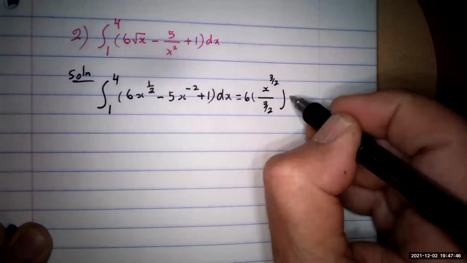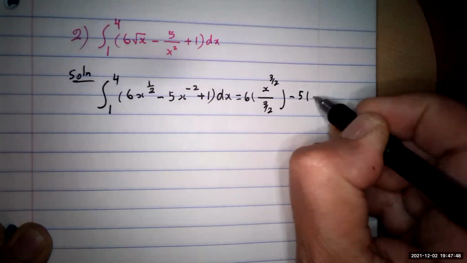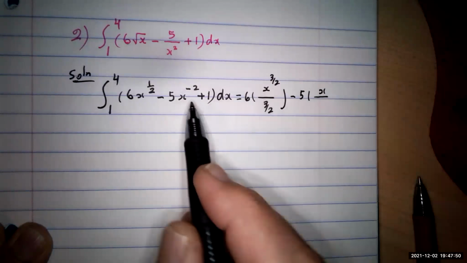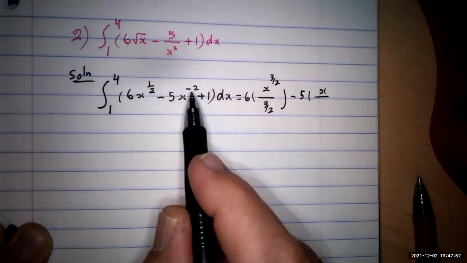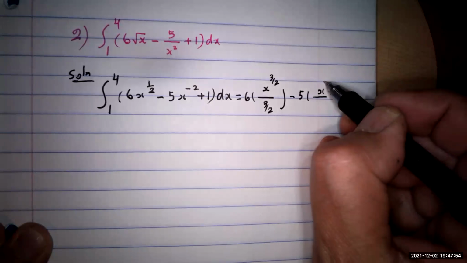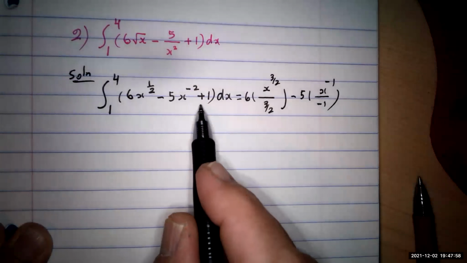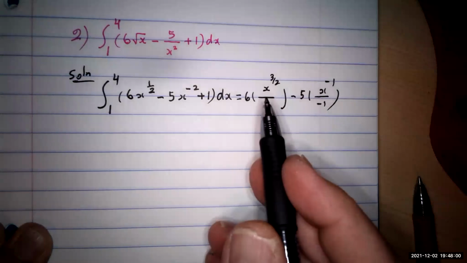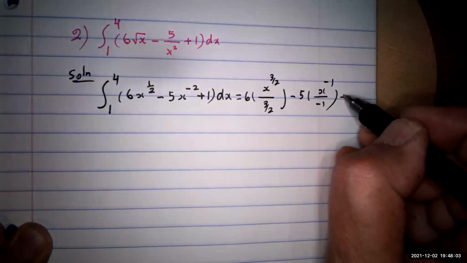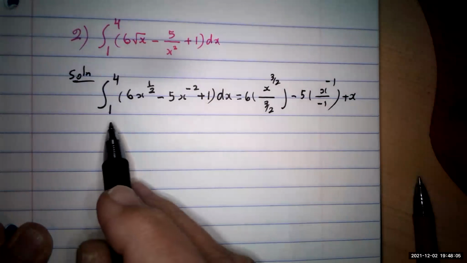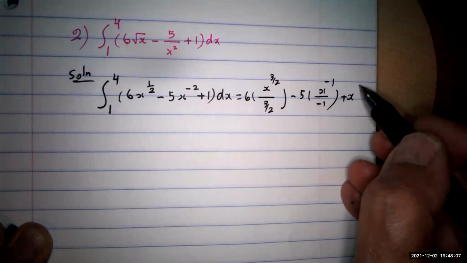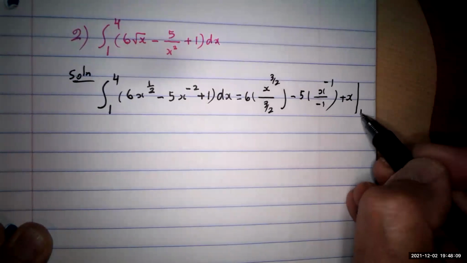Minus 5, move the power up, x to the -2 plus 1 would be -1, divided by -1. The 1 would be 1x, x. So we are going to evaluate it from 1 to 4.